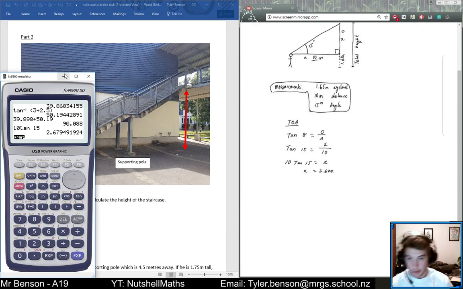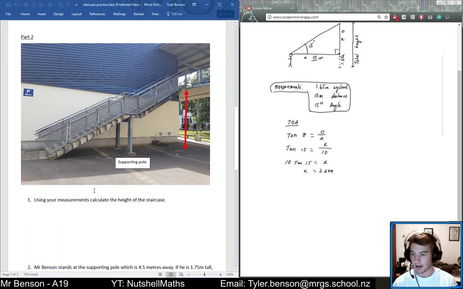Right, if you go this far and leave it, I get very, very sad, because you have given up an easy mark. Because you've found x, but we want the total height. Now look at our picture, we've got this value here, we want this total value, so we need to add 1.65.